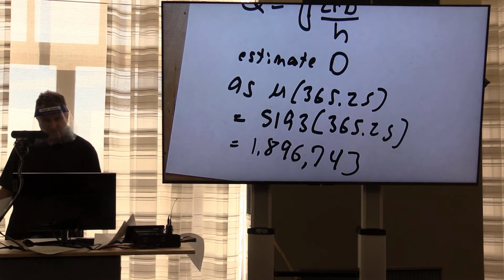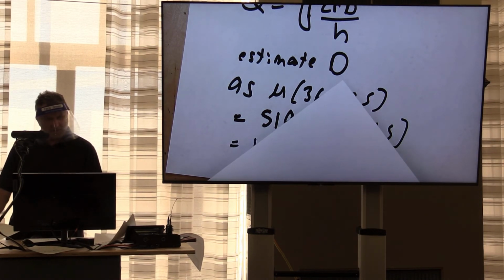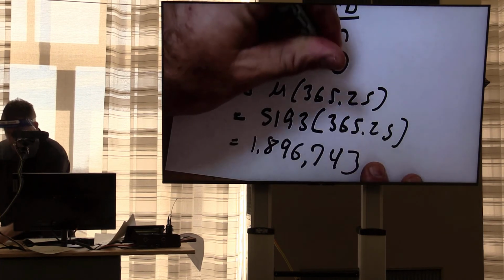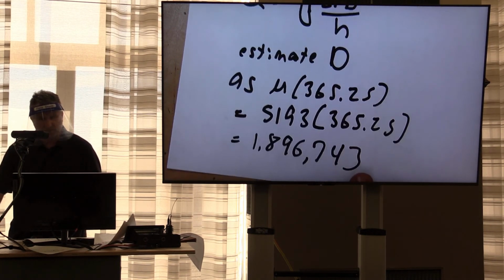So we estimate big D, which I know might look like an O, as about 1.8 million.